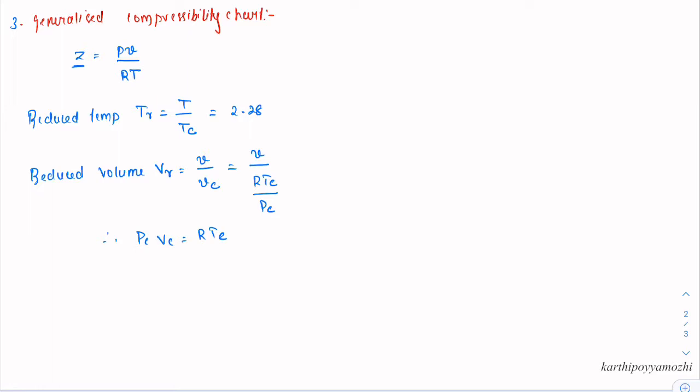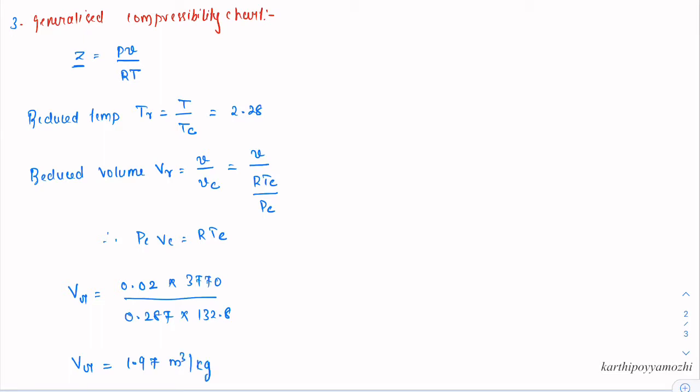And by substituting these values, that is vR is equal to volume is 0.02 into 3770 divided by R for air is 0.287 into Tc is 132.8, and the value of vR is equal to 197 meter cube per kg on calculation.